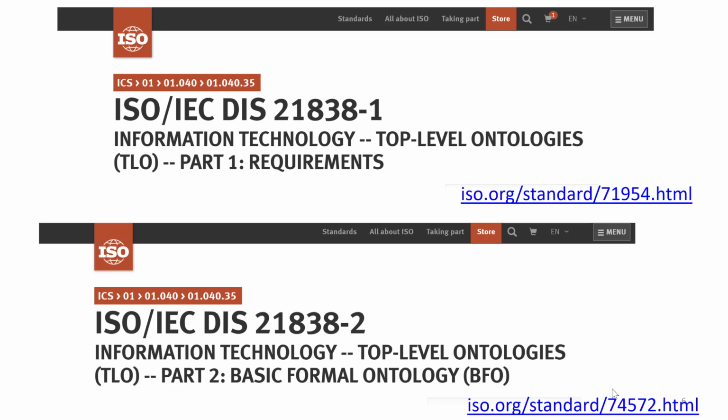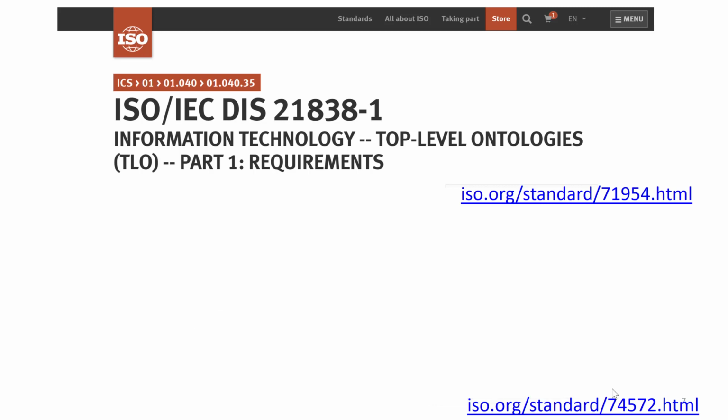The ISO 21838-1 and -2 documents will then be released some weeks later than that, after a series of further formal steps taken by ISO. Assuming that the vote is positive, but I am confident that the vote will be positive because all the previous votes have been positive, which doesn't say that they were unanimous, but they were overwhelmingly positive.